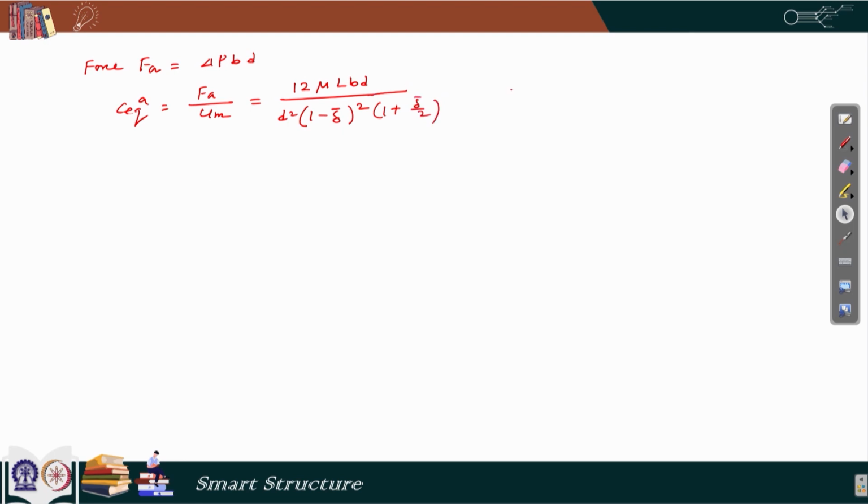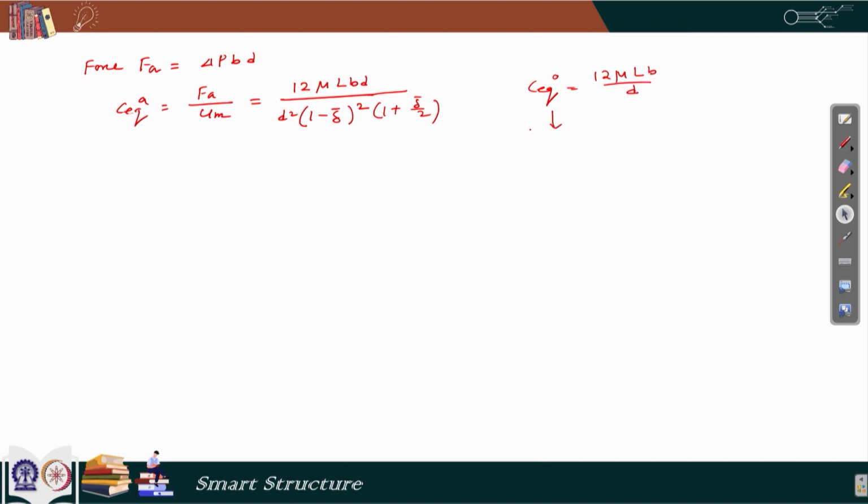Now, we know that C equivalent for the inactive case, that means when we did not have the electric field applied, was C equivalent 0, equal to 12 mu L b by d.